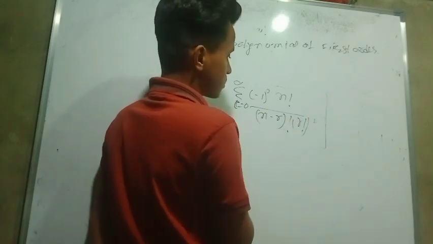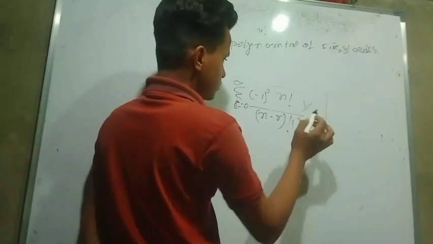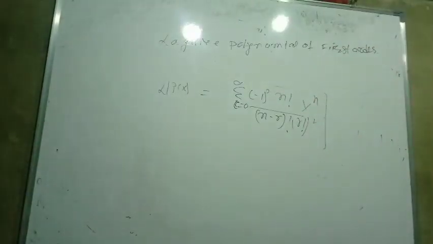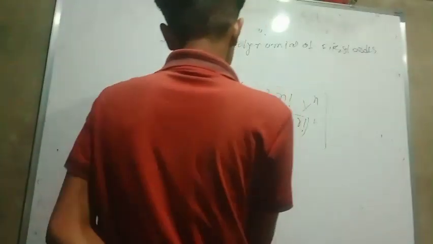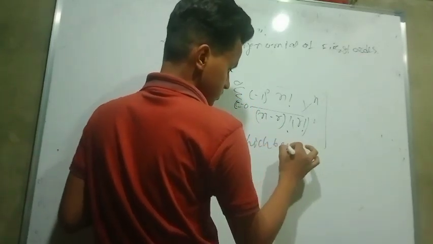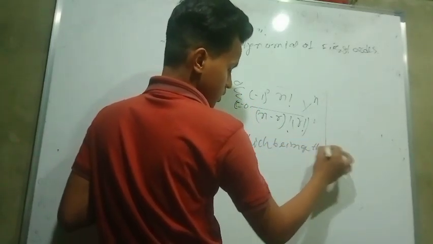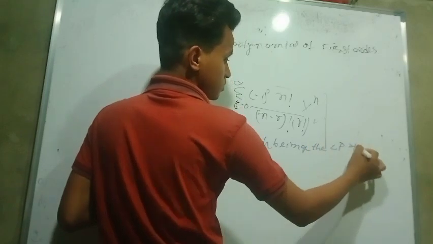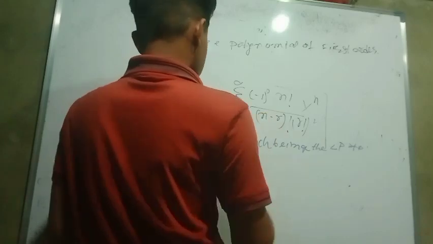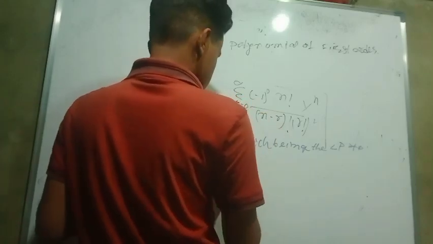This is our Laguerre polynomial, which is being called the Laguerre polynomial of first order. So let it be denoted by P(x).